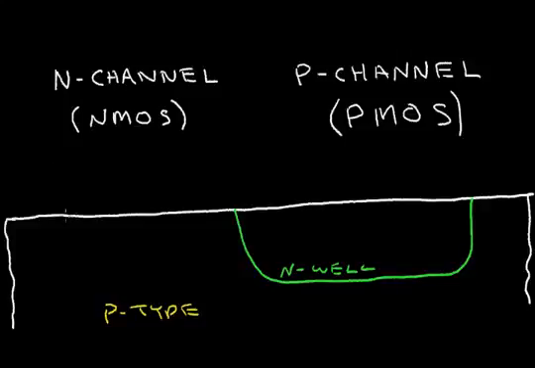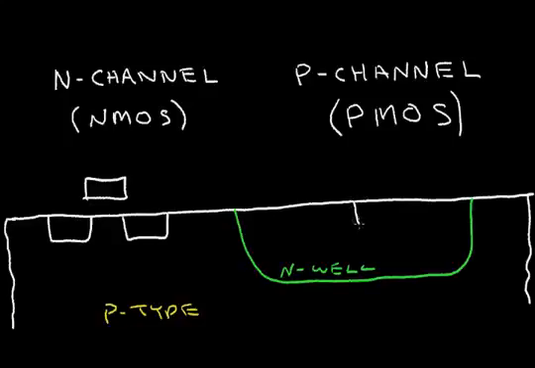So let's create the NMOS transistor. I'm going to put in an N-type diffusion, another N-type diffusion, and construct a gate electrode. Now the PMOS transistor has a similar structure.